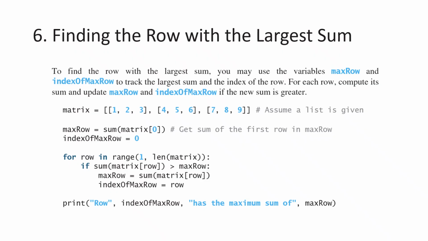For each row, compute its sum and update maxRow and indexOfMaxRow if the new sum is greater. matrix = you can assign the list of elements within square brackets. maxRow = sum(matrix[0]), which gets the sum of the first row. indexOfMaxRow = 0. for row in range(1, len(matrix)): if sum(matrix[row]) > maxRow: maxRow = sum(matrix[row]), indexOfMaxRow = row. print(indexOfMaxRow), which has the maximum sum of rows.